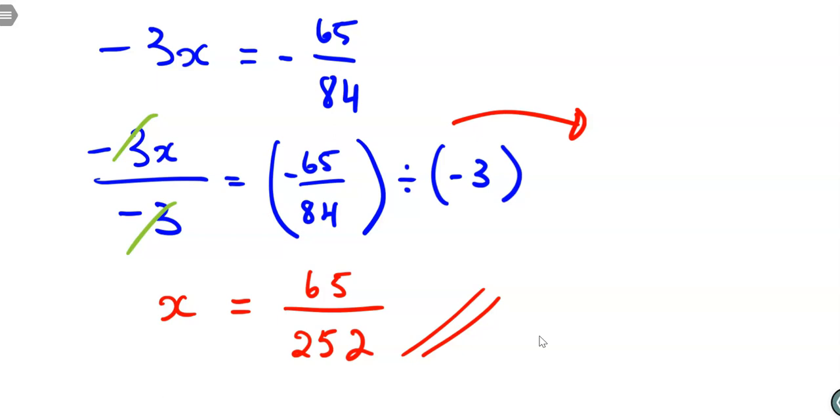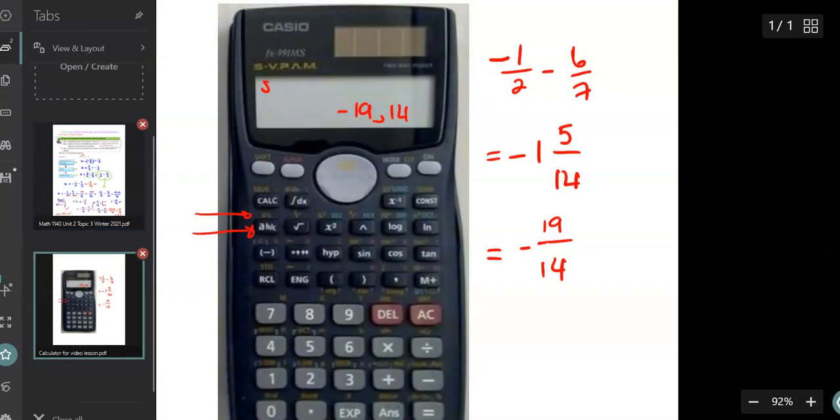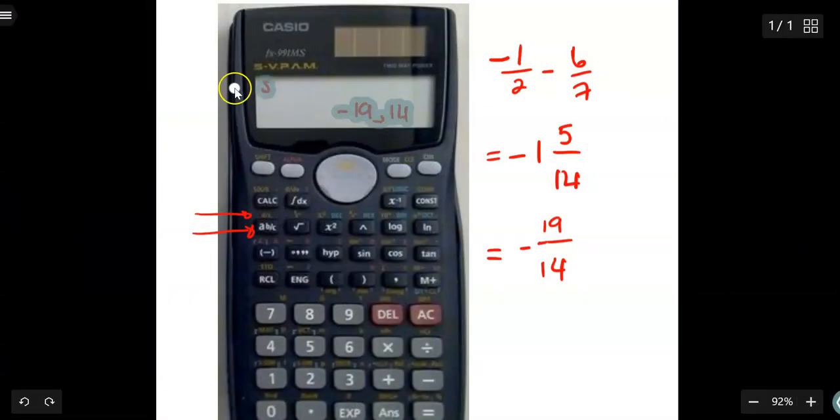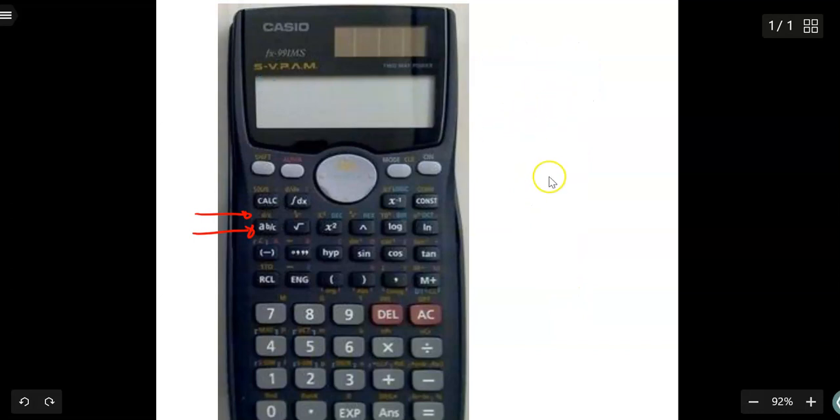So let me review how to key this into the calculator, because the negative sign is very important. Let me go to our calculator and erase the previous example that I have done here. I'll quickly show everyone how to divide with a negative.